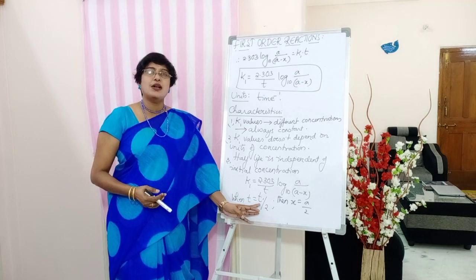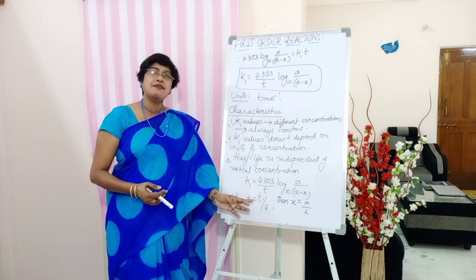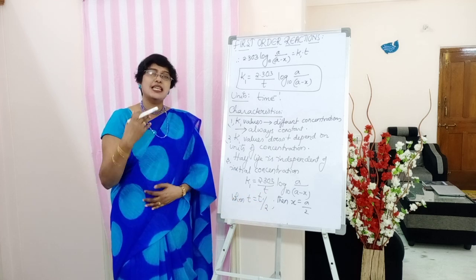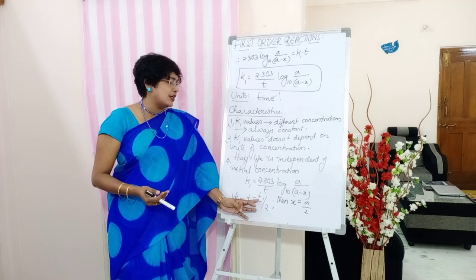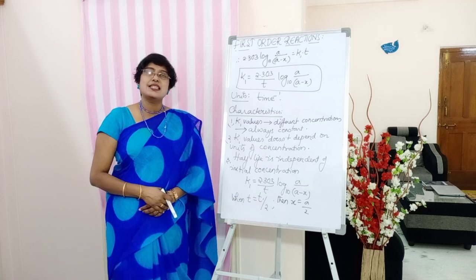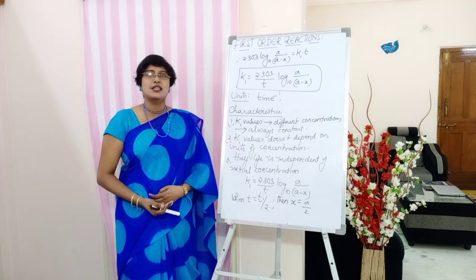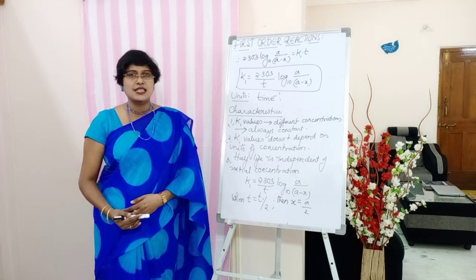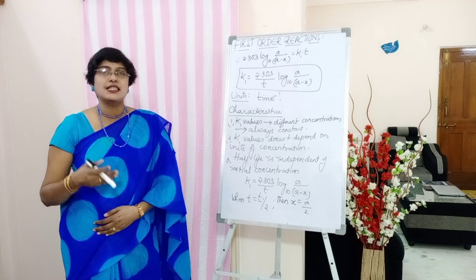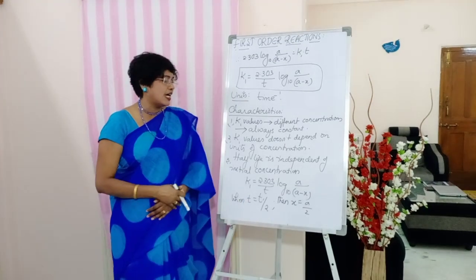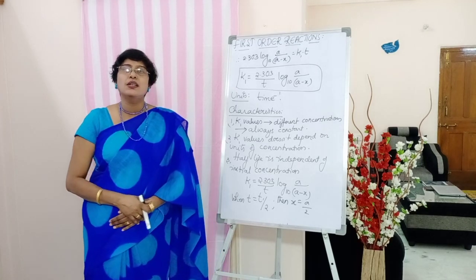Generally half-life we represent like this, t half or t by 2. So when t is equal to t half, then x will be equal to a by 2, where a is the initial concentration. So the decomposed concentration is half the initial concentration.